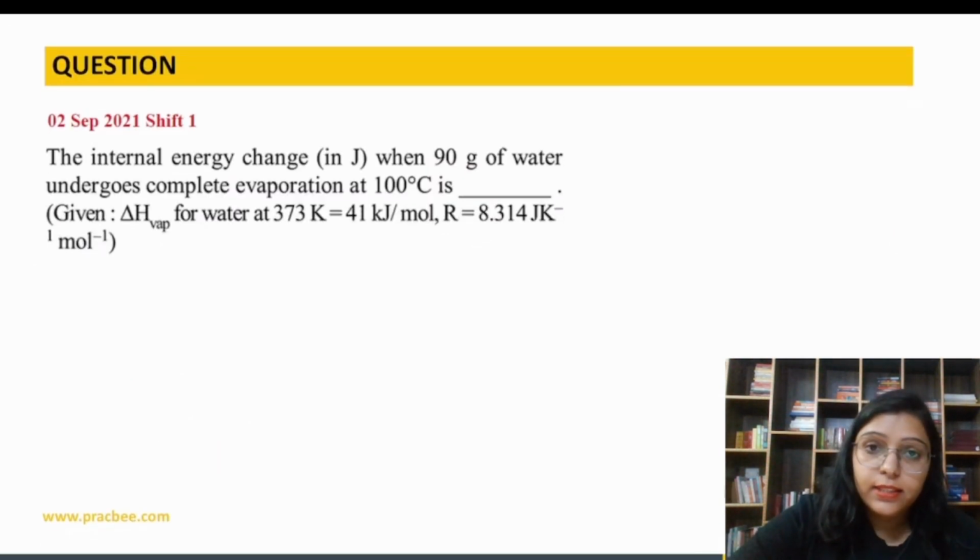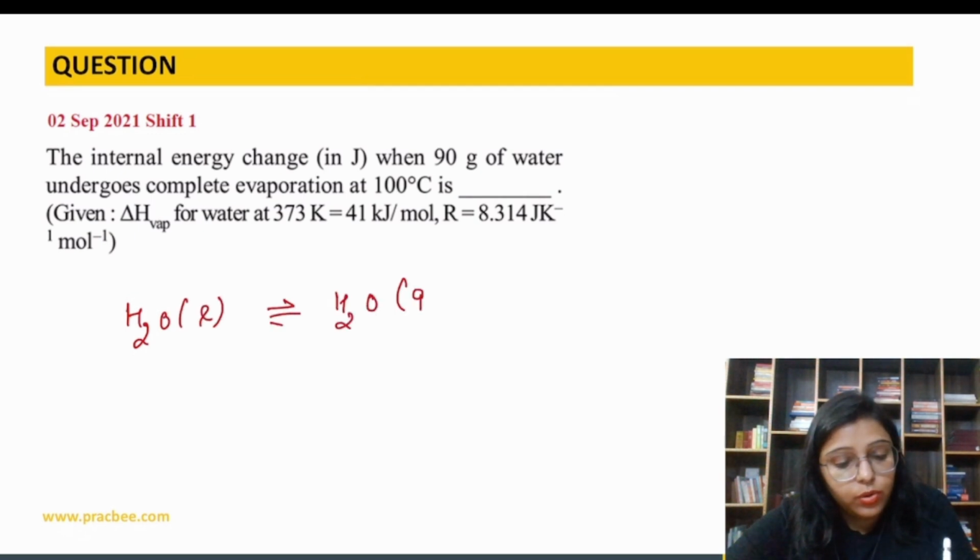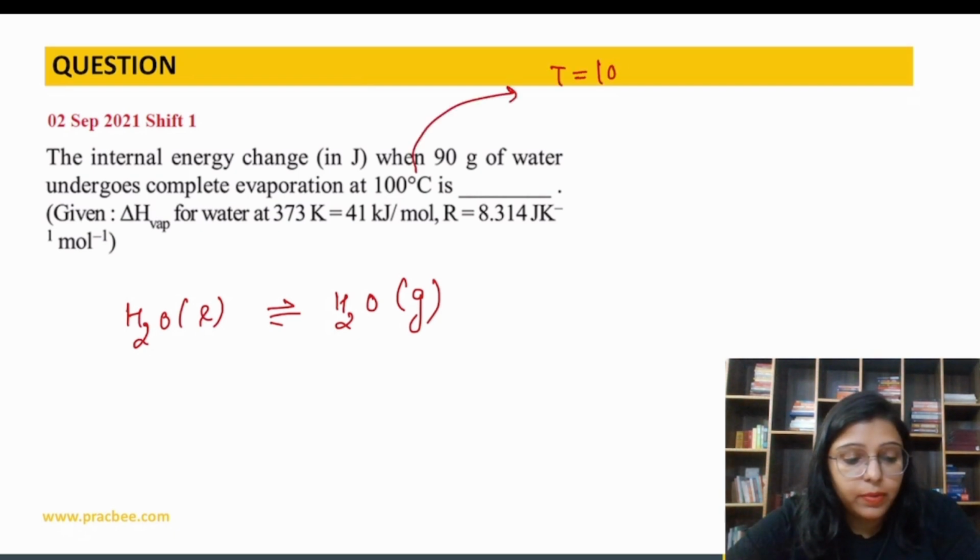The internal energy change in joule when 90 gram of water undergoes complete evaporation. It means H2O liquid is converted to H2O gas at 100 degrees Celsius, temperature 100 plus 273, that is equal to 373 Kelvin.